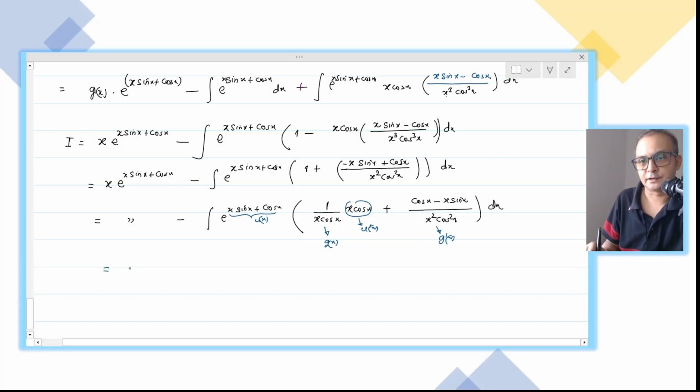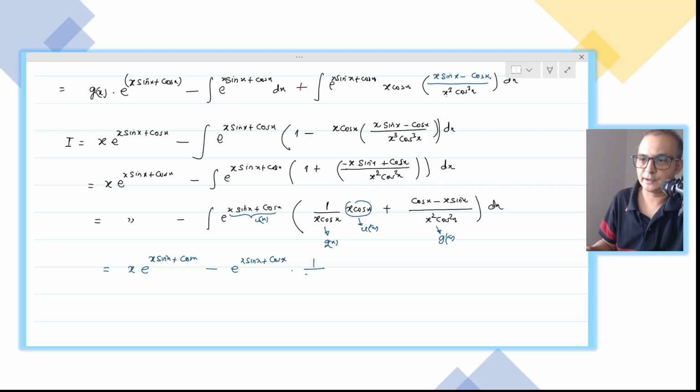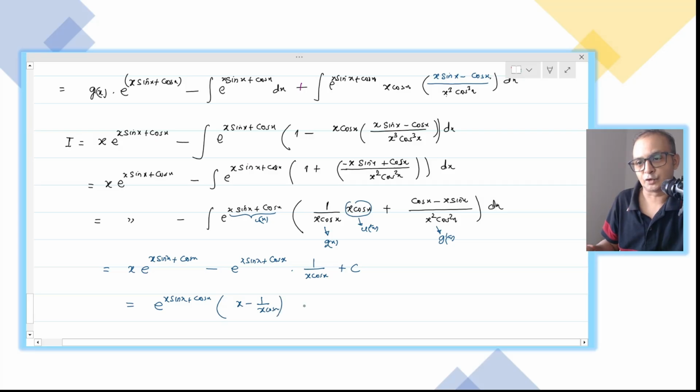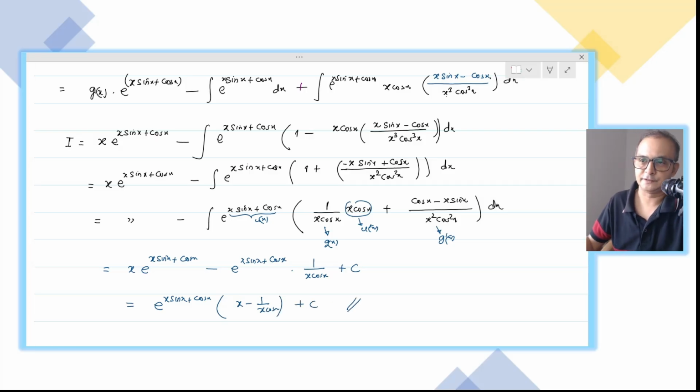So I got here x e to the power x (sin x plus cos x) and minus e to the power x (sin x plus cos x) and into g(x), that is 1 by x cos x. And of course I have to add c, and from there I can take e to the power x (sin x plus cos x) times (x minus 1 by x cos x) plus c, and that is the answer.